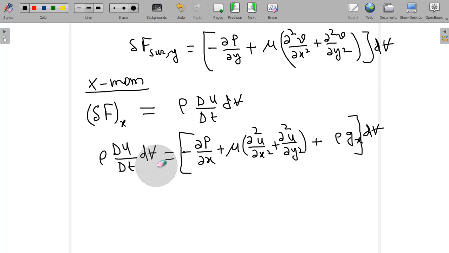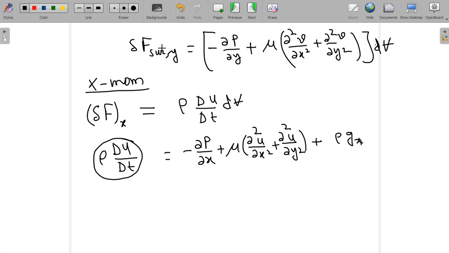So you just write without any dv. So this is the x momentum equation. And this term you can also expand. Already you know what this du dt is.